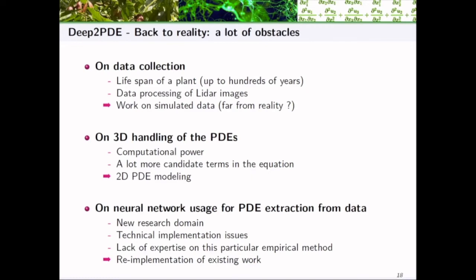So we decided to work in 2D using slices. And third, just like we said before, PDE extraction with a neural network is a very new research field, and due to our lack of expertise in this technique, we decided to use existing works previously mentioned. So that is the simplification.